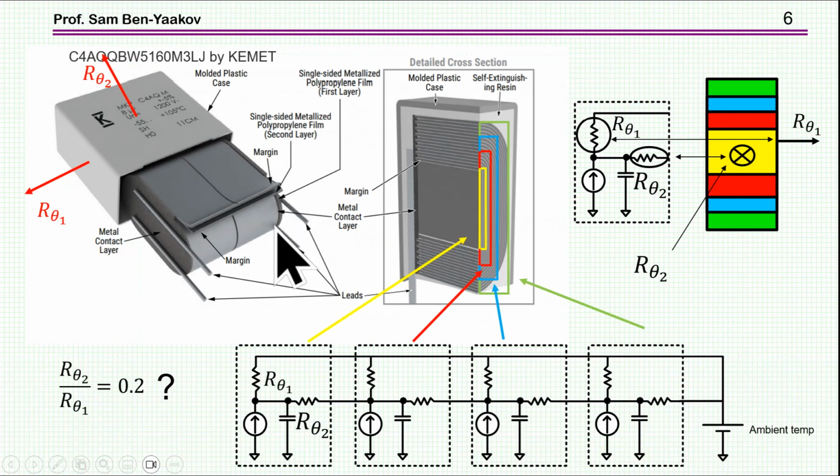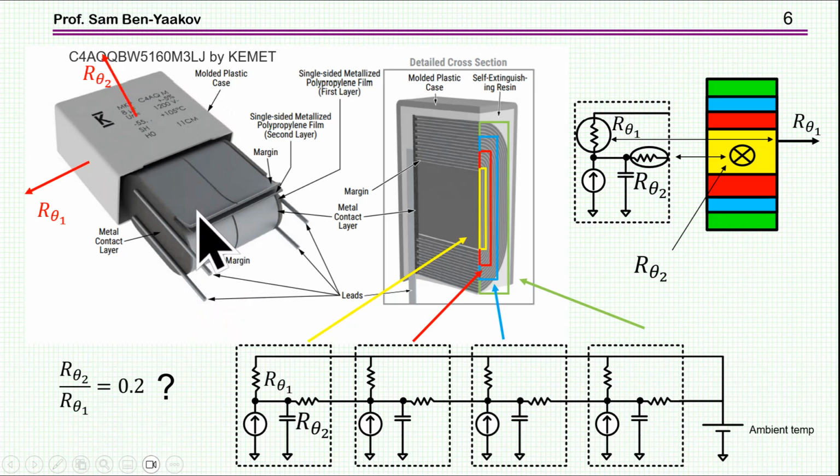So we can see it here a little bit better. We see the layers here, and here we see the end. This is where we are actually attaching the leads for the contact. Now this is not round, it's been flattened, so it will go into a case.